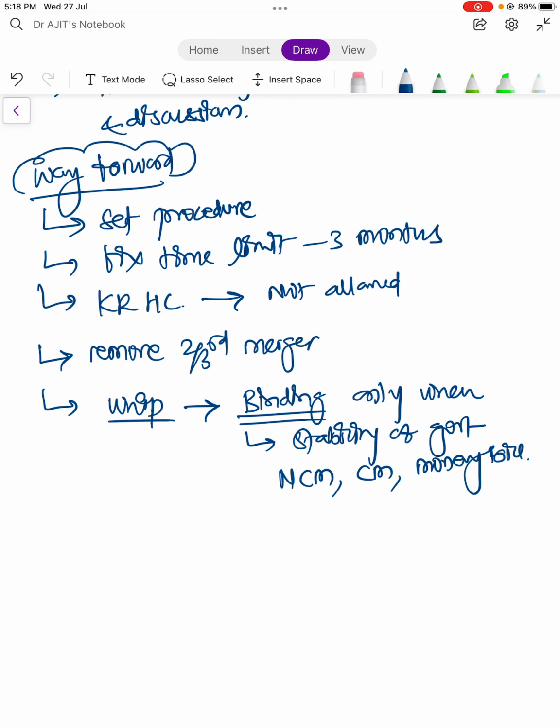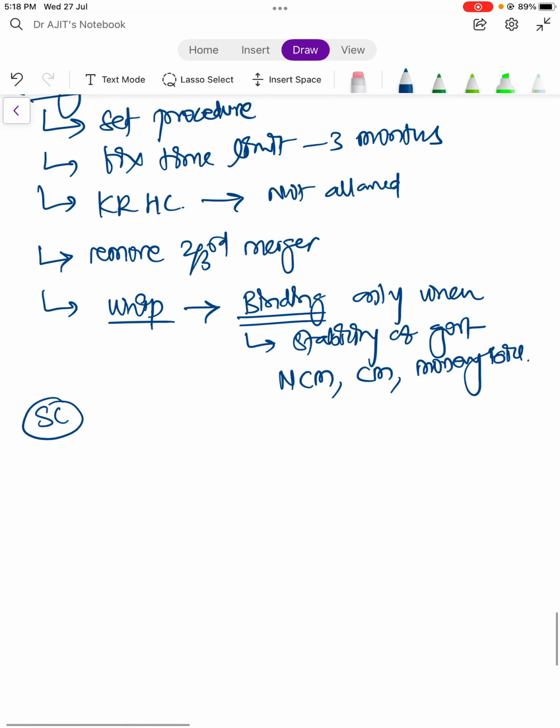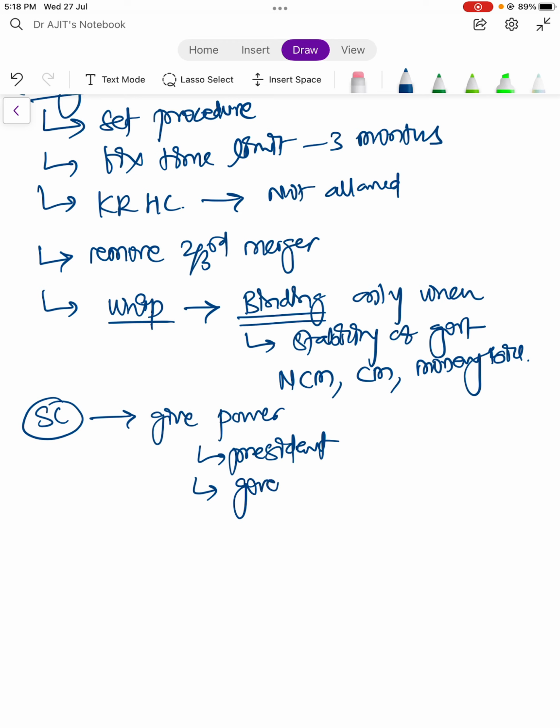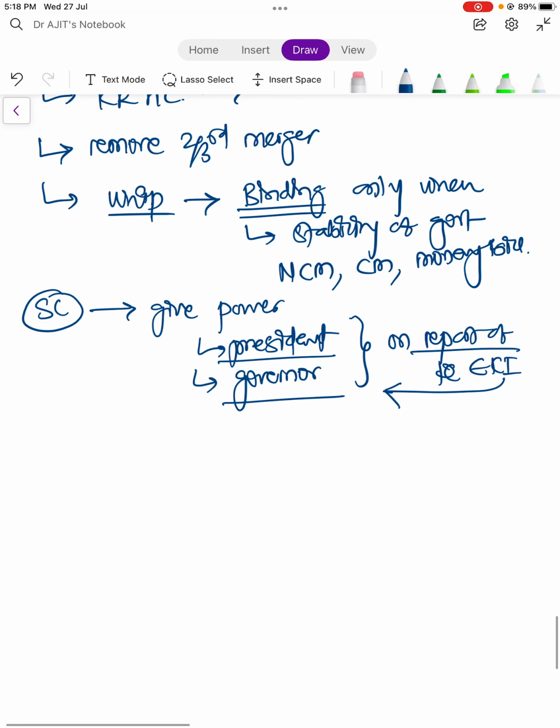Then we will see the Supreme Court recommendation. The Supreme Court has recommended giving this power of anti-defection to the President in case of Parliament and to the Governor in case of Assembly, and let them take the decision on the report of the Election Commission of India. The Election Commission will send a report, and on that report the President and Governor will take the decision of disqualification.